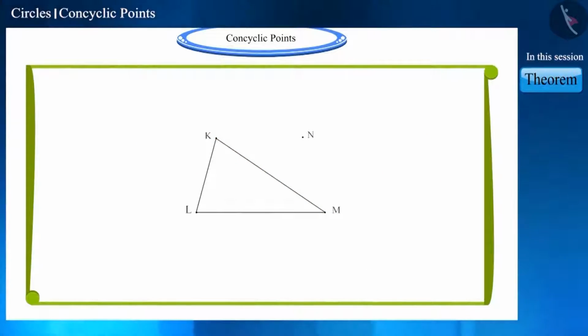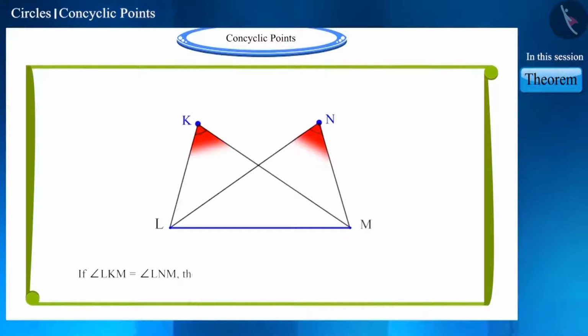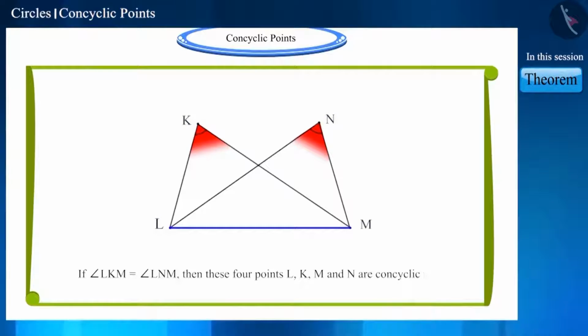Similarly, draw a triangle LNM. Friends, if the angles LKM and LNM subtended by the line segment LM at points K and N are equal, then we can say that these 4 points K, L, M and N are concyclic points.